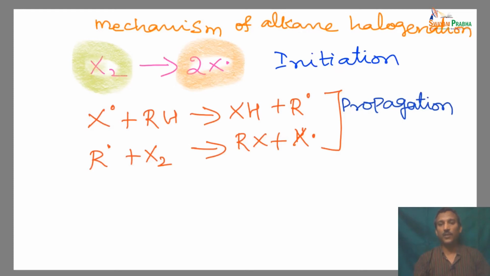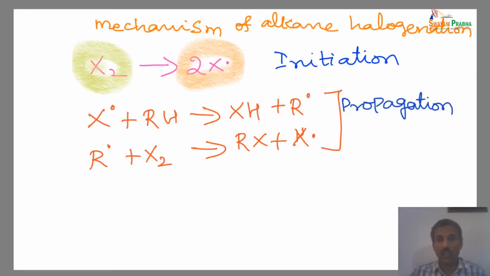And in the last step, the termination, the alkyl radical and the halogen radical both combine together to give RX. That is the termination step.